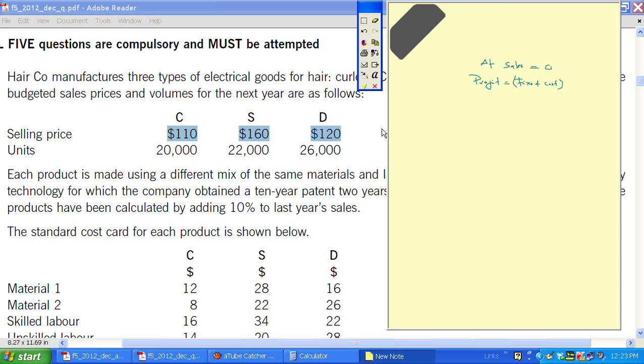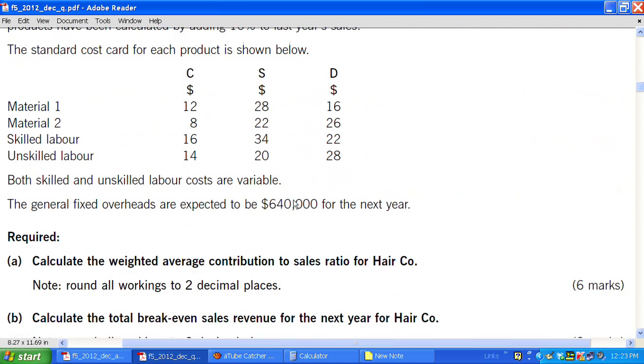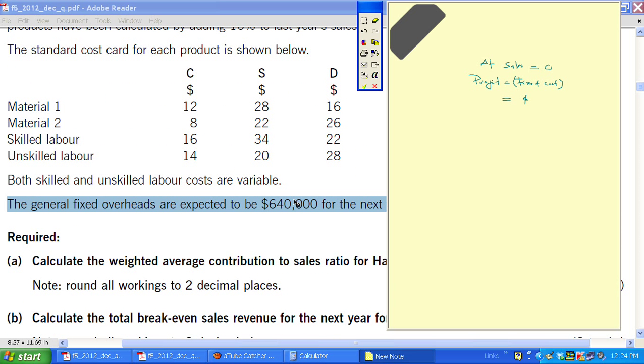So our profit when we are selling nothing is the fixed cost of 640,000. So we are making a loss of 640,000.